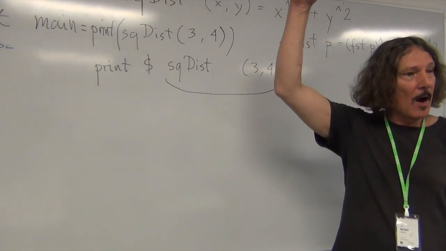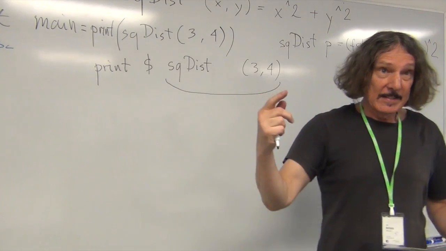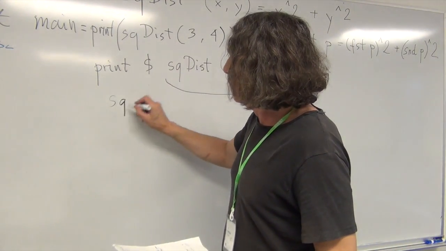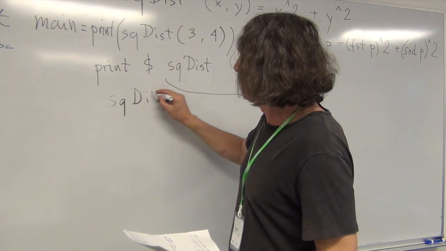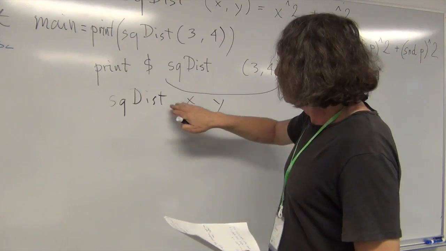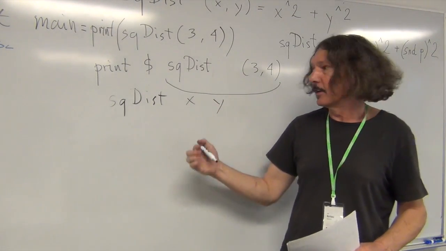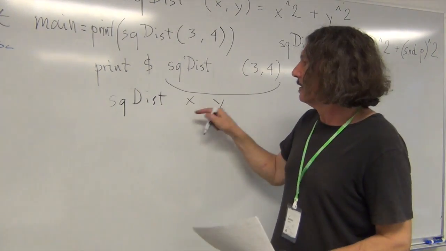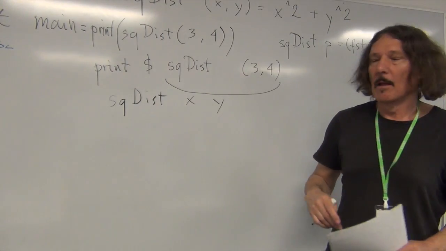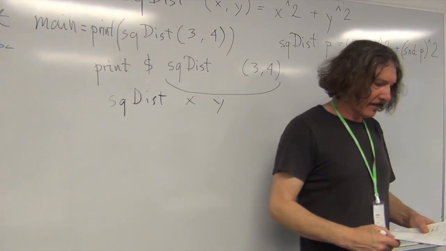So we have these two opposites of precedence, right? The strongest precedence was when we had the SQ dist with spaces X and Y. These guys bind very strongly. With dollar signs, they bind much weaker, totally the weakest possible.